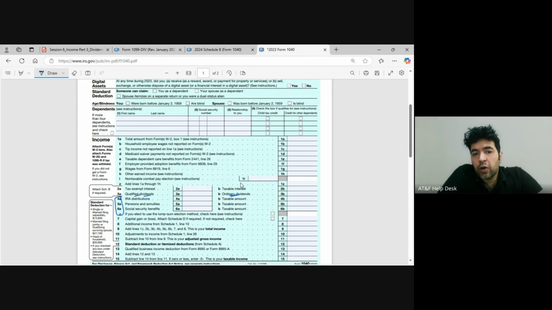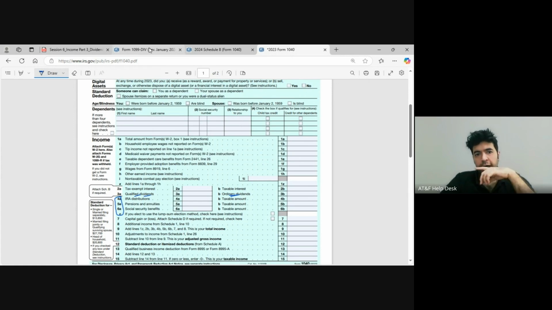Right now, today we will see what can be a qualified dividend, what can be an ordinary dividend, what kind of source document we get, and how to report each and every line item of the source document in this form.